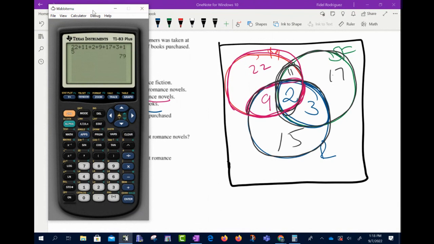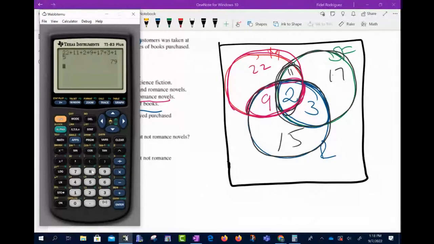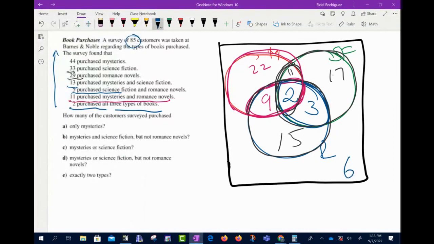Okay, 79. And we said the total was 85, so 85 minus 79 should give us a total of 6. Yep. And that's going to be our number, y'all, that we're going to write over here on the outside.